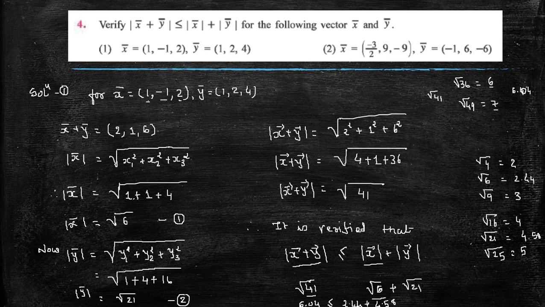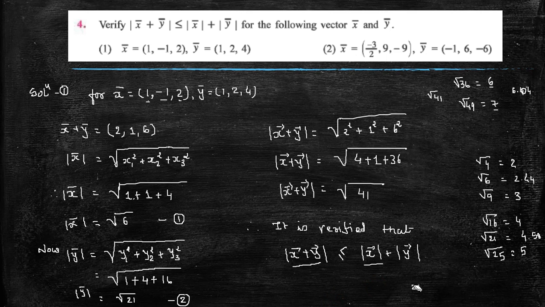Now can you add the value? Let me remove all these things. Instead of root 41, you should tell me the value, right?